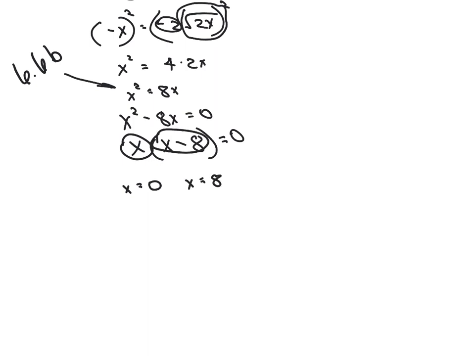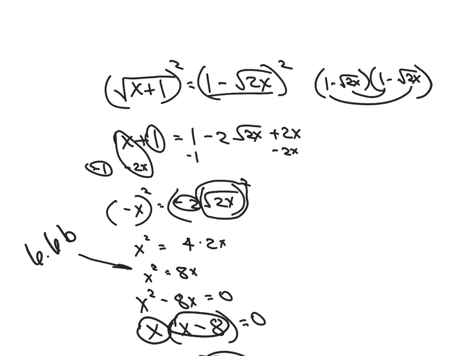Then we plug these in. When we plug 8 into the equation, we get 3 equals negative 3. They're not equal, so that one goes away, which leaves 0. When we plug 0 into the original equation up here, it does work. So we know that 8 does not work and 0 does work.